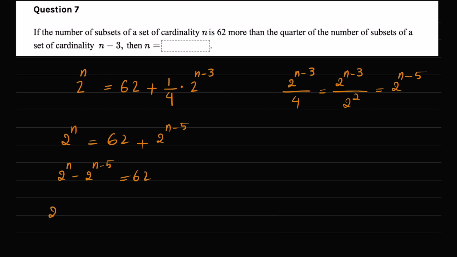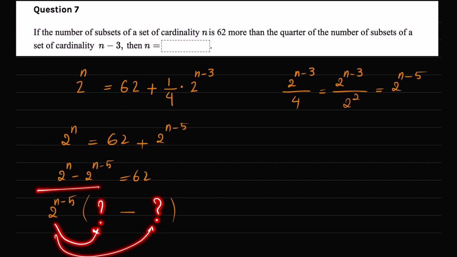And now I factor 2 to the power of n minus 5 out. And then what is left for me? This minus sign, I put it here. And then I ask myself, what should I put here and there so that when I multiply this back, I will get this expression?